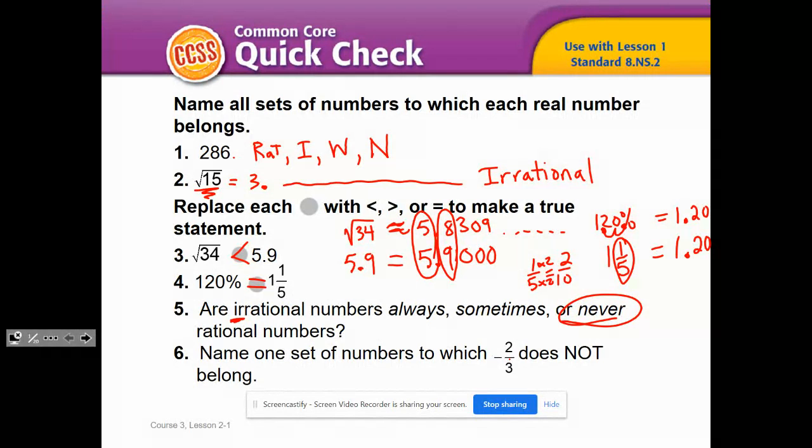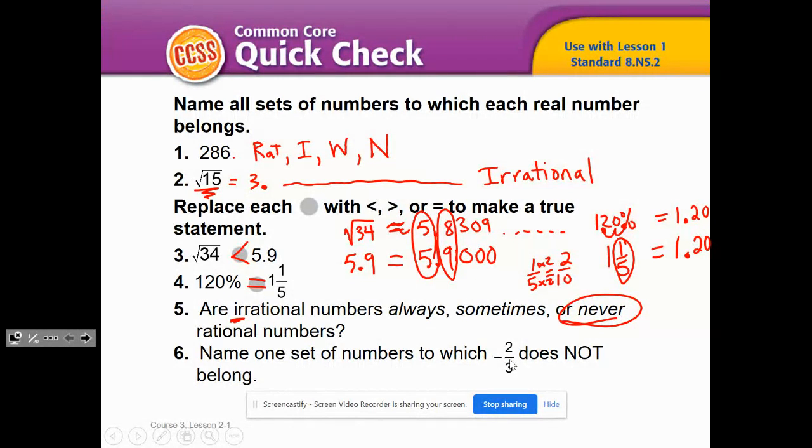Number 6, last one: name one set of numbers to which negative 2/3 does not belong. Well, negative 2/3 is a fraction, so it's rational. It belongs to rational. What doesn't it belong to? Well, anything that could be turned into a decimal of some sort. So this would be 0.6 repeating.